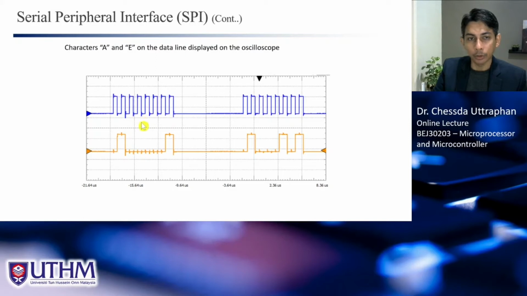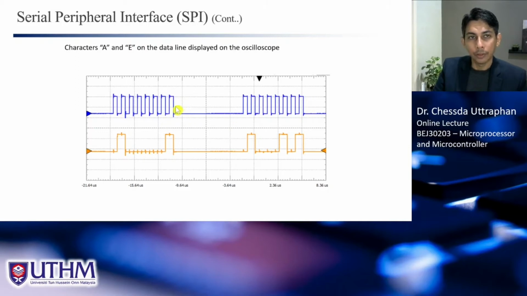It is the fastest serial communication protocol, not compared to the parallel, but to other serial communication protocols, because we have no extra bit or extra information. We will see later on, if we use I2C or UART, we need extra information to differentiate the first data and the next data, right?